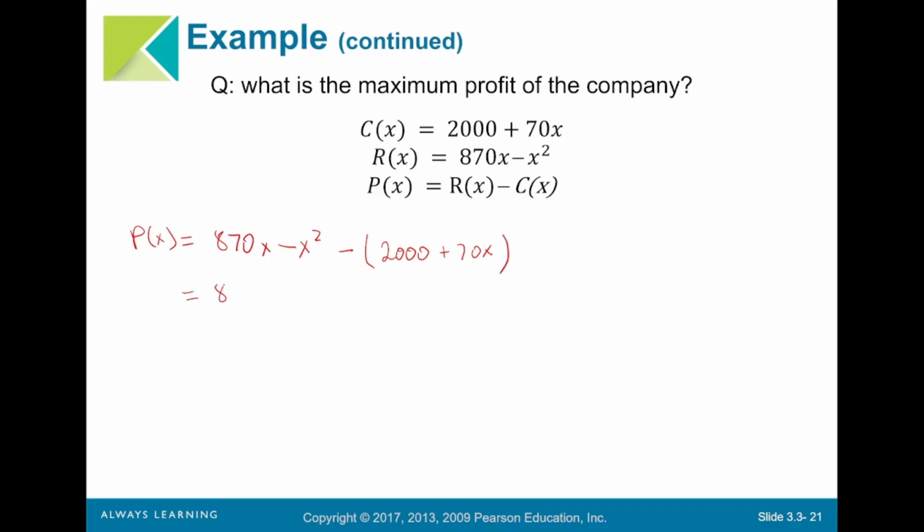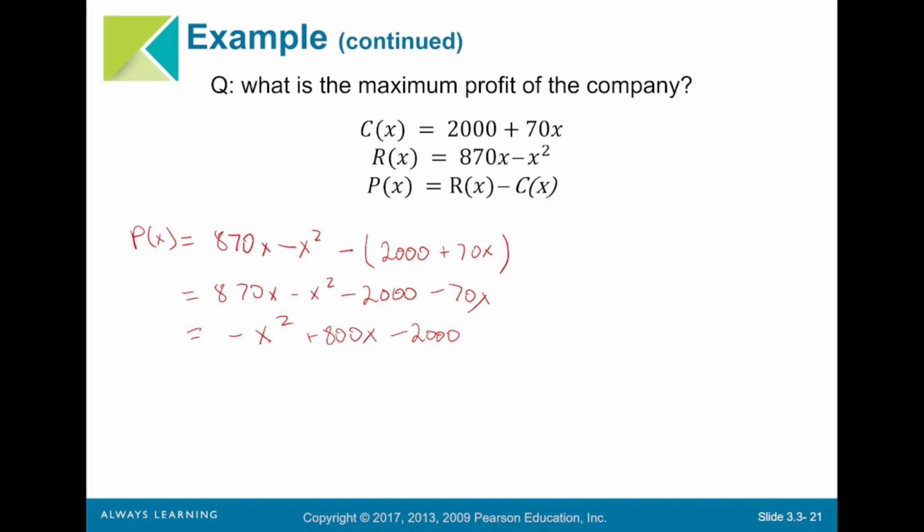And so now we have 870x minus x squared minus 2,000 minus 70x. Combining like terms, we get negative x squared plus 800x minus 2,000. And so this is our function that we're trying to maximize.